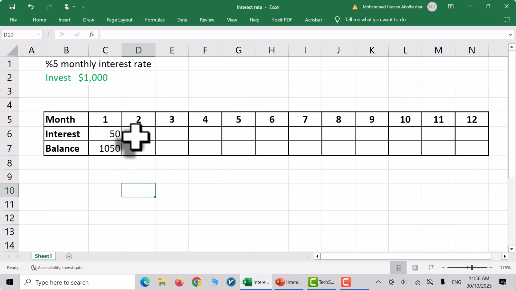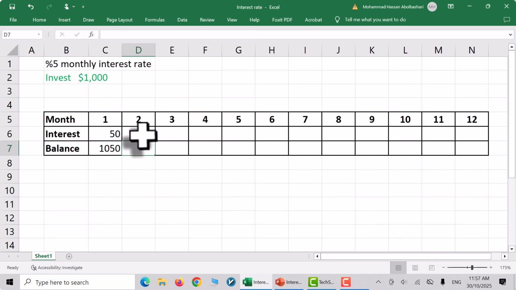So for the second month, the amount of interest is going to be my monthly interest rate, which, when I want to put it in the formula, is 0.05 multiplied by the updated balance at the end of the previous month, which is going to be another 5% of this value. So I click on this one.